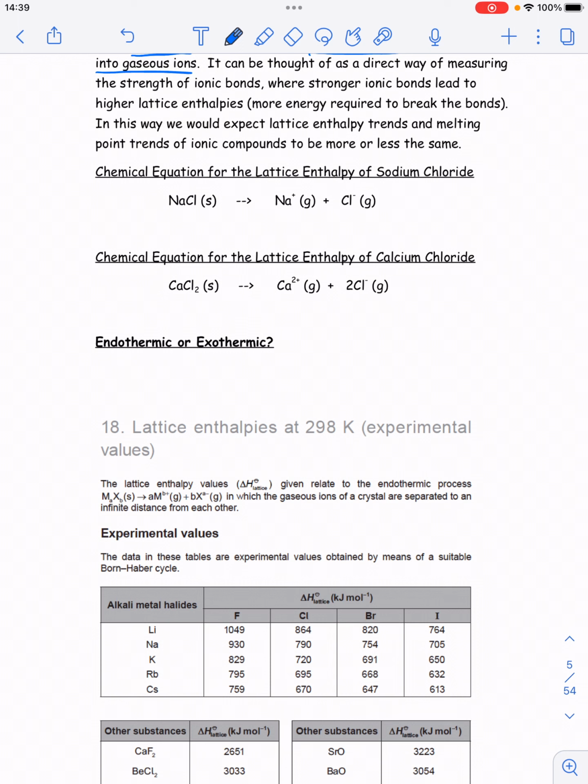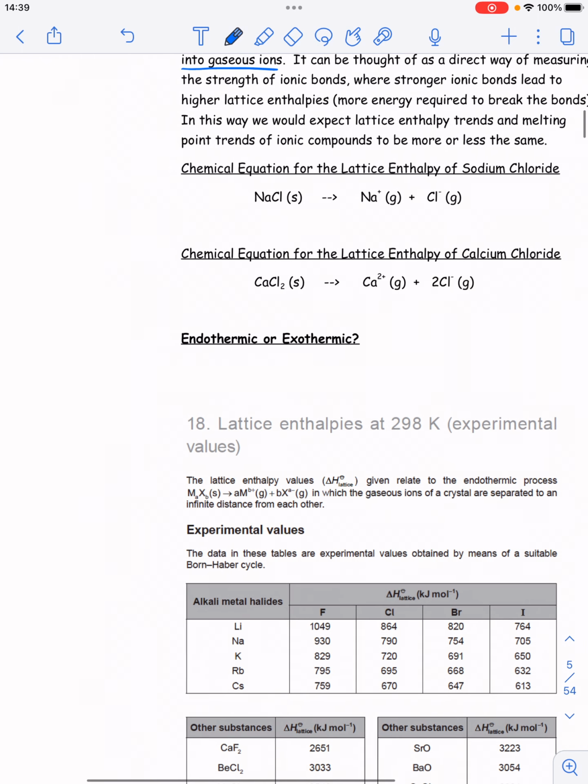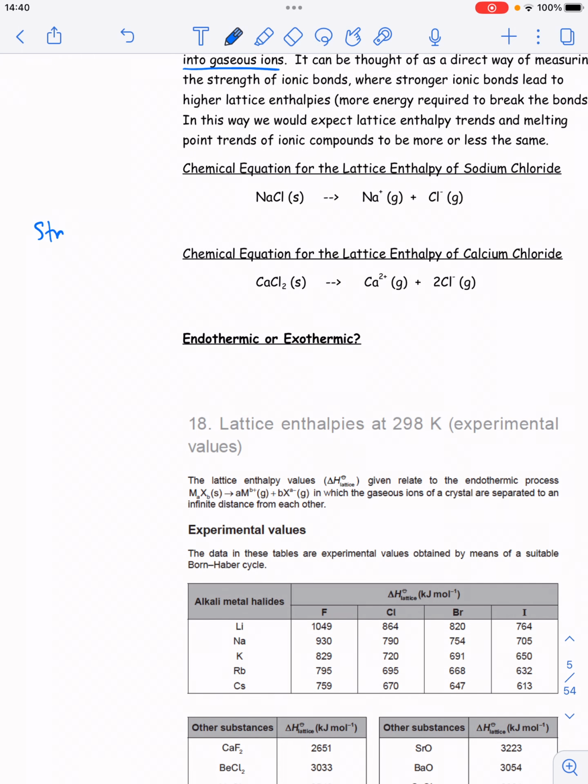So you have to break all the bonds. And so the stronger the ionic bonds, the higher the lattice enthalpy, or larger lattice enthalpy.